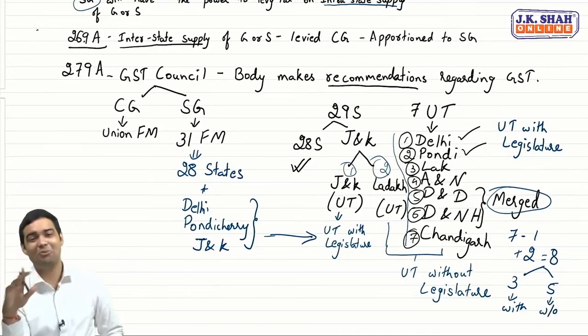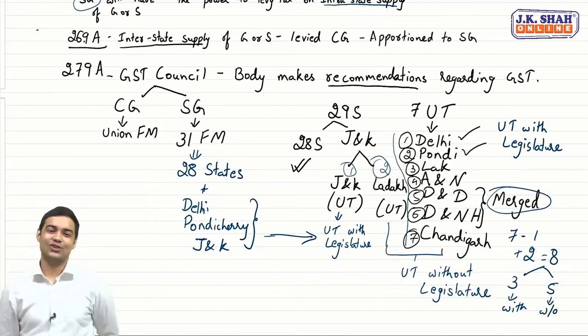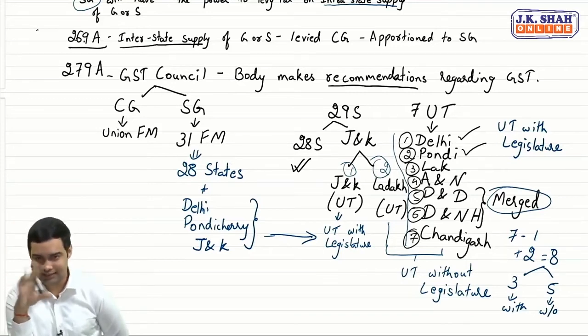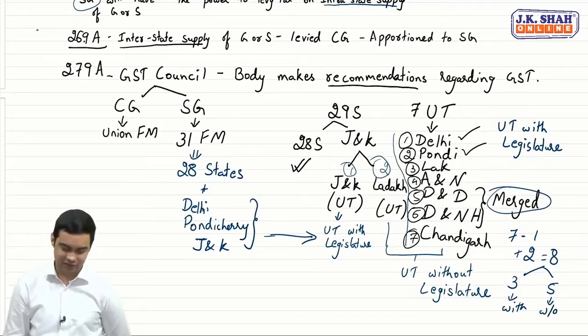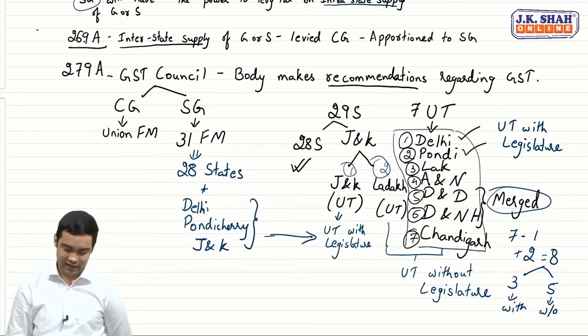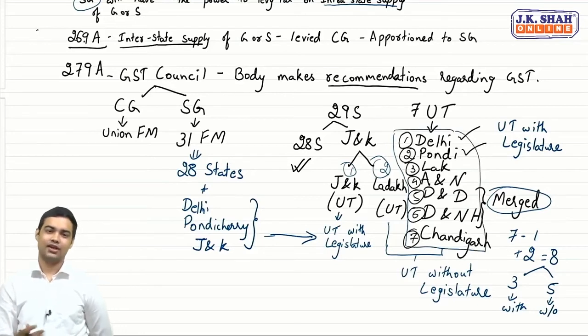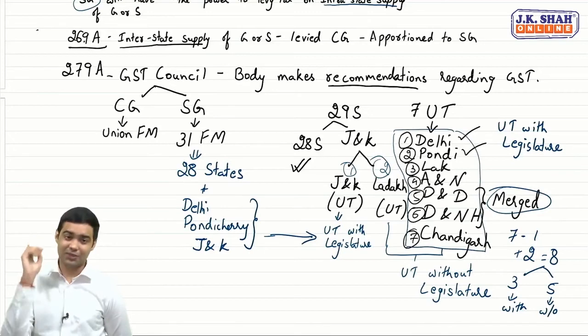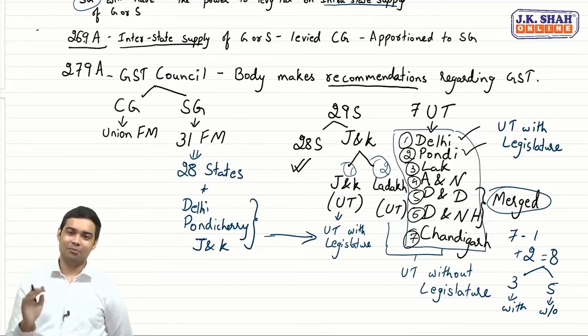It's very important to know this at the beginning so that we don't make errors at a later stage, because in a 15-mark or 16-mark problem, at the beginning it would start with any of this information, and we'll be completely confused with regard to which is the state, which is the tax, what is to be levied. So you need to be very strong with some basics on this particular aspect.